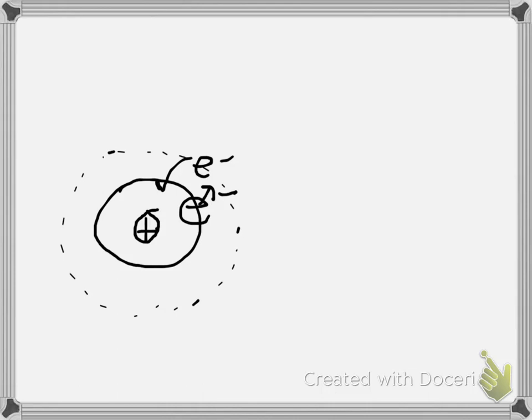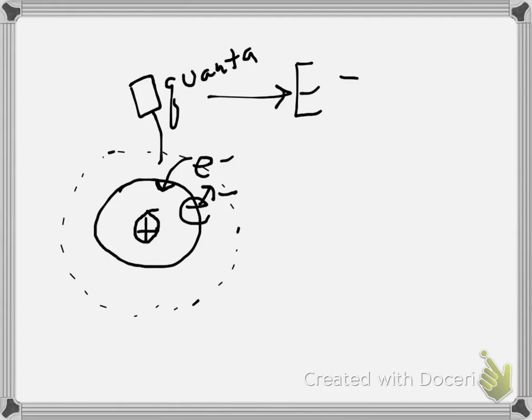And when it does, it gives off energy, a little quantum of energy, a quanta. And that quanta of energy is a very specific amount. Well, remember we were able to figure out E. It's equal to H times C over lambda.